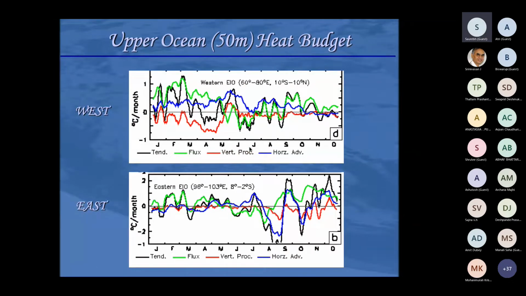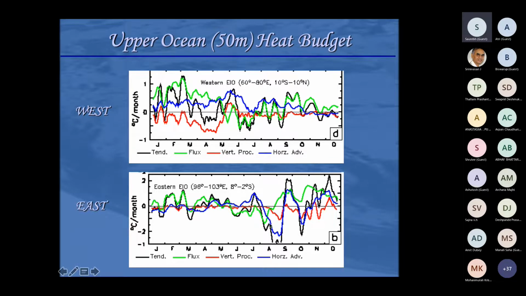Now, how do we understand the processes that lead to the formation of the dipole using the model? One way is to look at the terms of the equation, and when we look at the terms, it is very clear that there are four curves here. The first one, black, is the model tendency, then the green is the atmospheric forcing, red is the vertical mixing, and blue is the horizontal processes. The striking feature is the cooling that happens in the eastern box.